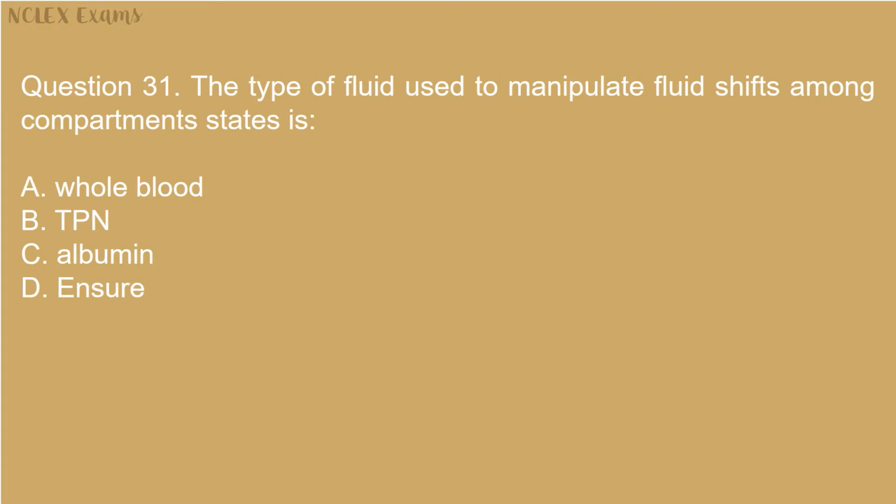Question 31. The type of fluid used to manipulate fluid shifts among compartments is: A. Whole blood, B. TPN, C. Albumin, D. Ensure.